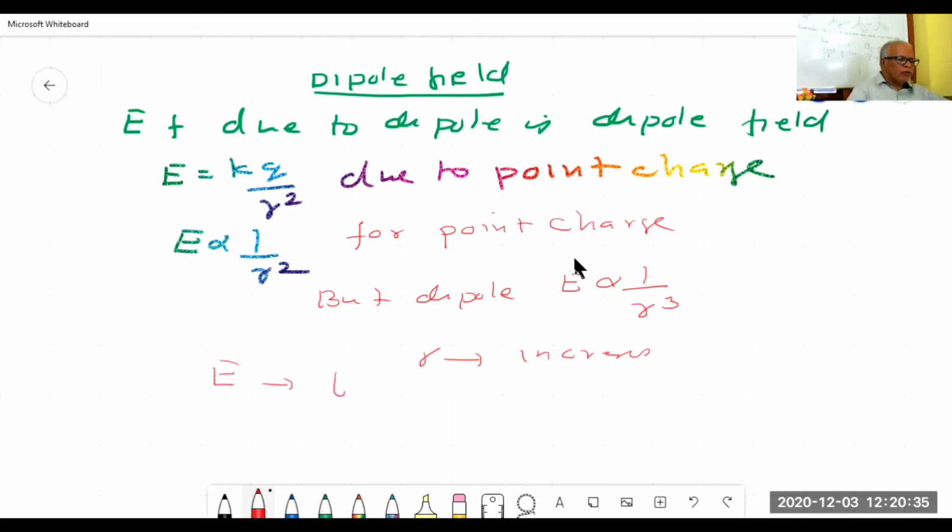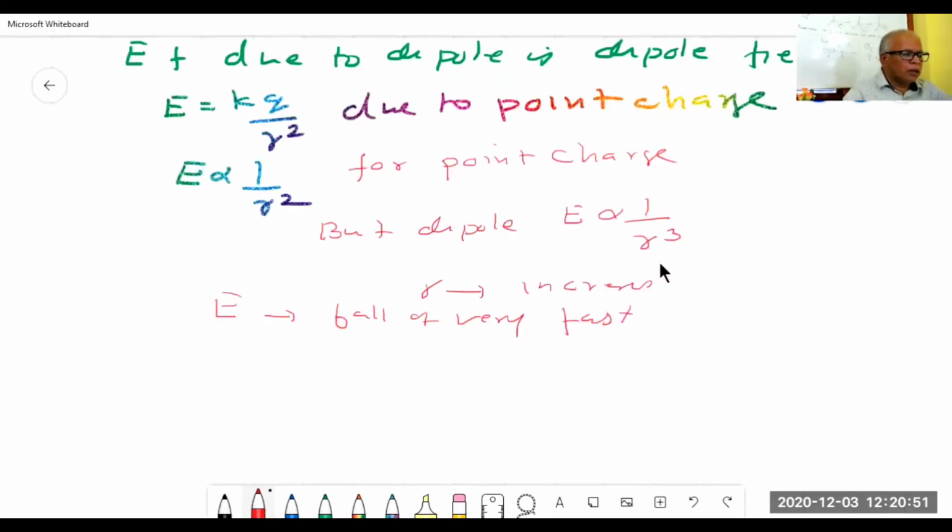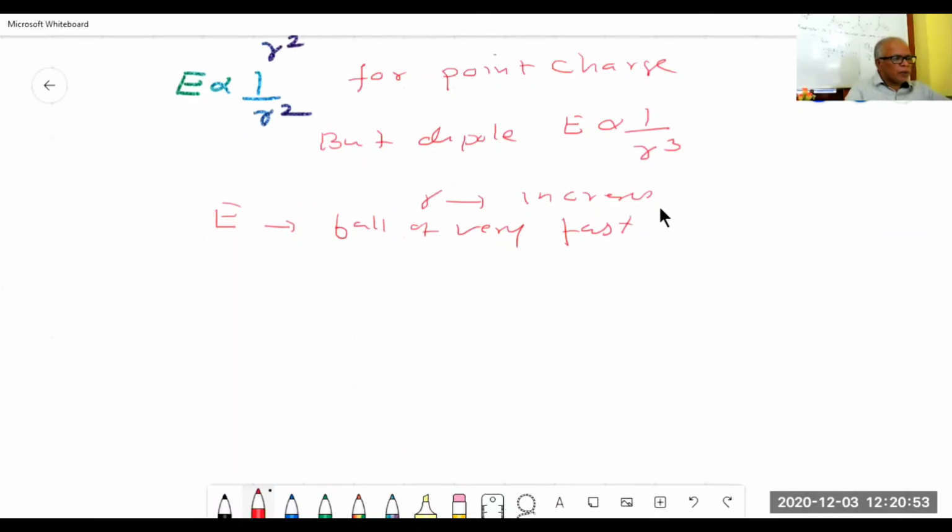E falls off very fast. When R is very large, the electric field becomes zero. When R tends to infinity, the field tends to zero, but here it becomes zero faster.